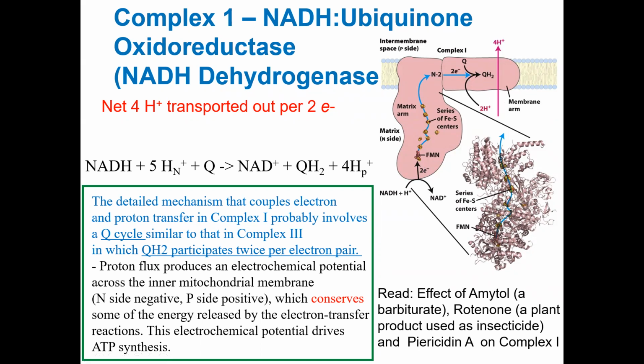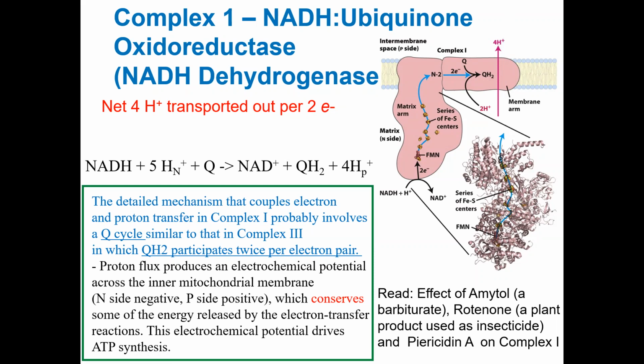And the mechanism that couples the transfer of electrons and this proton pumping is not exactly dissected yet, but it involves something like a Q cycle that we will talk about in complex 3. So just hang in there. I'll talk about the Q cycle when we discuss complex 3.